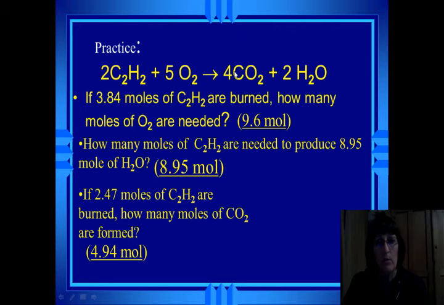The CO2 is always twice as much as this, so if we take 2.47 times 2, we should get 4.94 moles, which is how many moles of carbon dioxide that we'll get. Again, if it doesn't make sense to you, then write down 2.47 moles of C2H2, and then use our conversion factor. 2 C2H2 on bottom, 4 CO2 on top, and you can multiply that out.